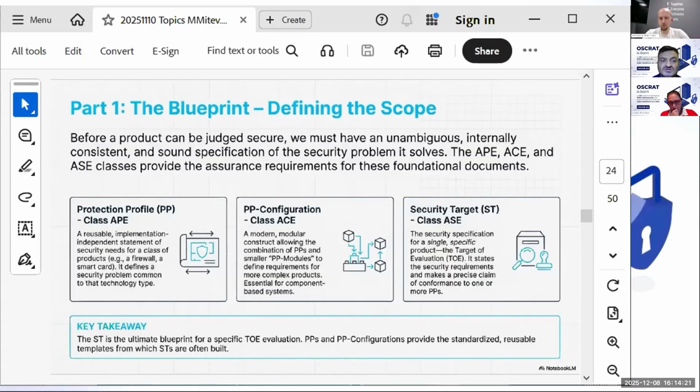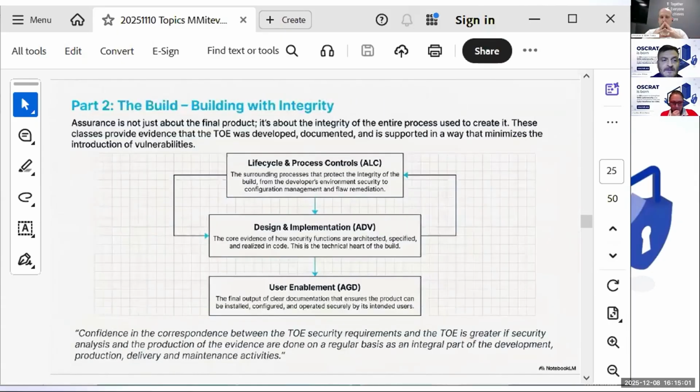Now, the key message on the slide states that the security target is the ultimate blueprint for evaluation. This is the central document that evaluators follow. Without a clear and internally consistent security target, it is impossible to perform a good evaluation. This first step is essential because every later activity depends on understanding the security problem in the same way.